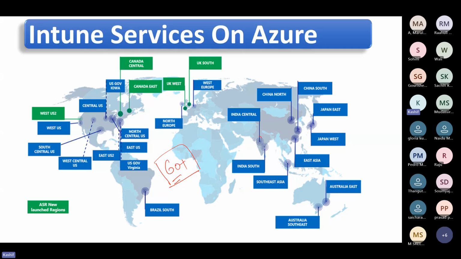Now, if you create your Intune account, your account will get created in the nearest location. Suppose you are in India, your account is going to get created in India Central or India South. Similarly, if you are in Australia, your account will get created in Australia East or Australia Southeast. Similarly, those who are in US, whatever the closest data center is available, the account will get created there.